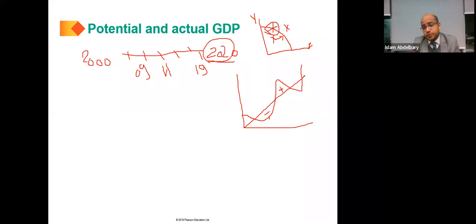So the next question: we can understand that if the output gap is negative, there's something wrong here, and we need to take corrective action because we are producing lower than, or inside, the BBF.